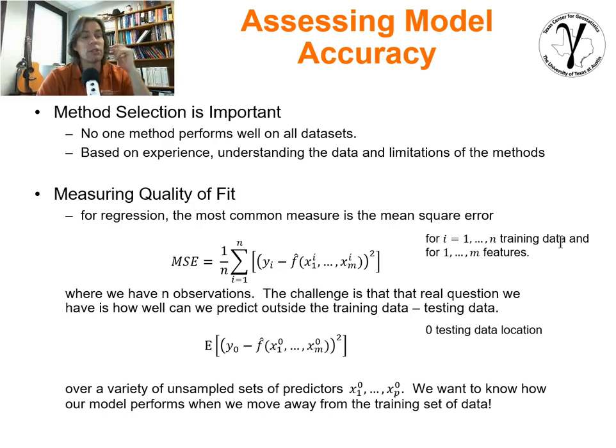But the true challenge that we face is basically, how does our model behave when we make predictions outside the training data? Maybe a portion of our data set has been withheld and used for testing. Maybe that's been done within some type of k-fold cross-validation approach or something like that. But in general, how does our model behave when we have to make estimates at locations that we did not train it in order to make an estimate?